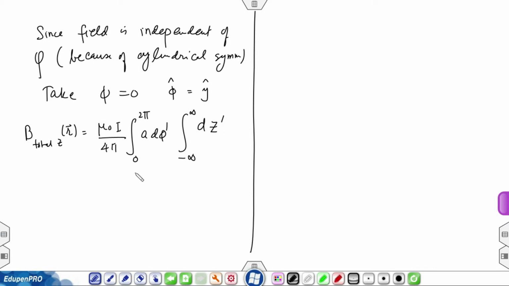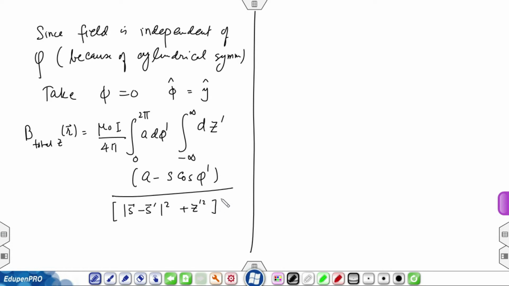Then I have a minus s cosine of phi prime, because phi I have taken to be 0, divided by mod s, now at phi equals 0, minus s prime square plus z prime square raised to 3 by 2. So, let us first perform the z prime integral.